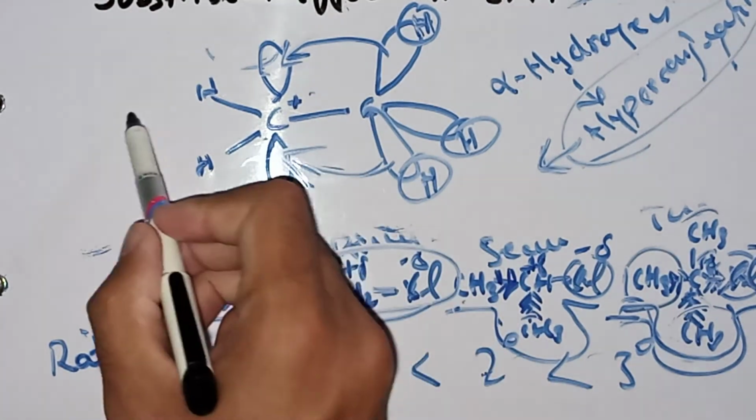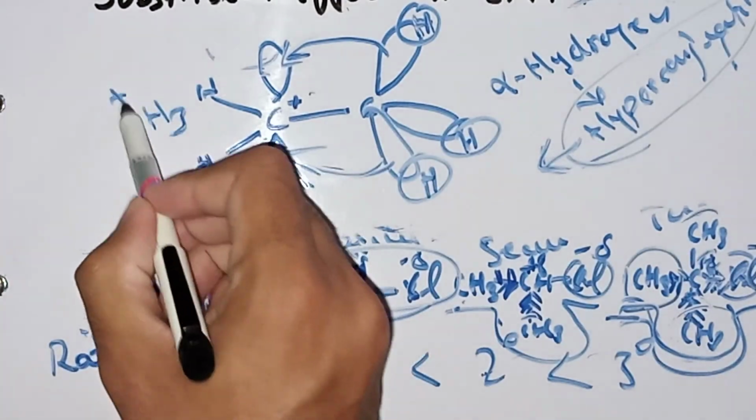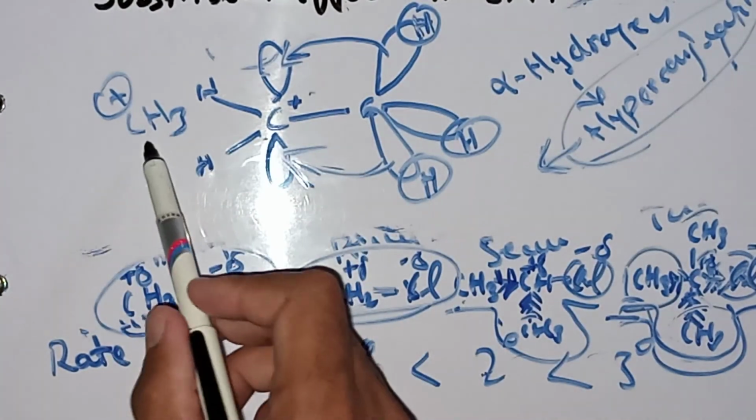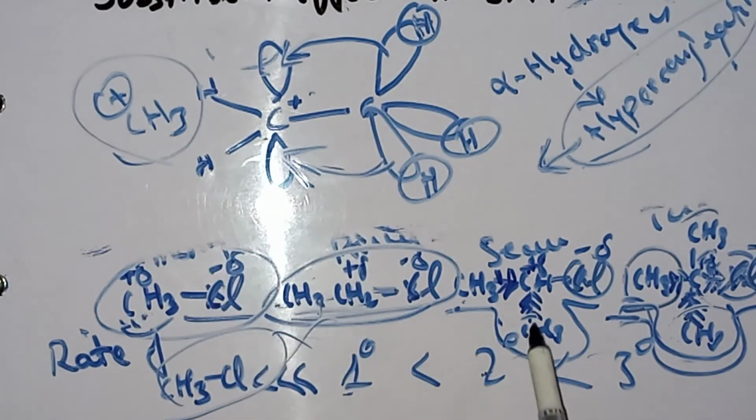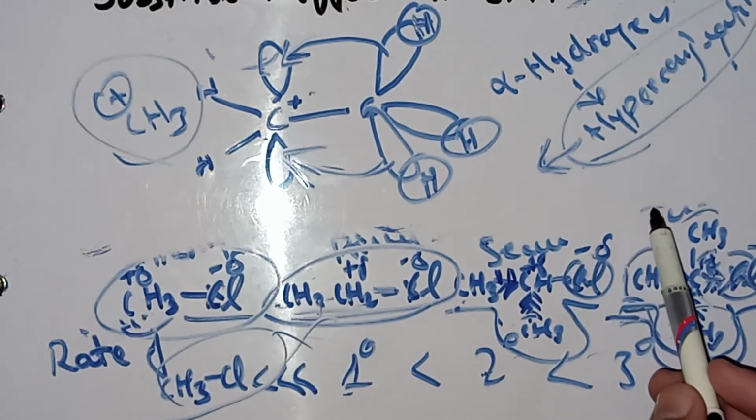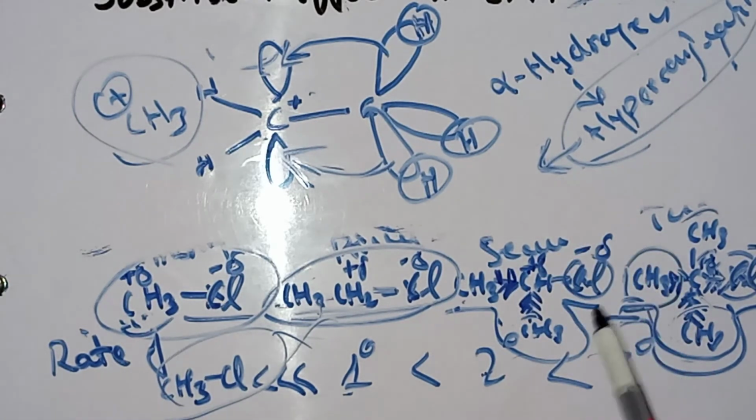But when there is only a CH3 group, no alpha hydrogen is attached, so it will be very unstable. In a secondary alkyl halide, six alpha hydrogens are attached, while in a tertiary alkyl halide, nine alpha hydrogens are attached. As the number of alpha hydrogens increases, the possibility of hyperconjugation increases. The number of alpha hydrogens is directly proportional to the amount of hyperconjugation, and more hyperconjugation means more stability.